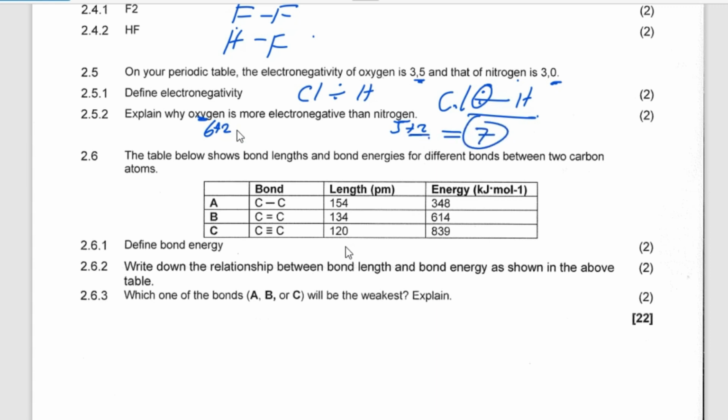And then this one is going to have how many protons? 8. Because the protons will pull the electrons, because protons are positive. Therefore, we're going to say that oxygen has 8 protons, which pull the electrons more than nitrogen, which has 7. Hence, the electronegativity of oxygen is more than the electronegativity of nitrogen.